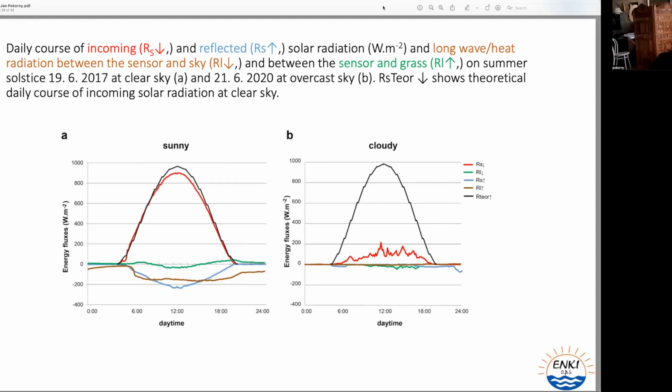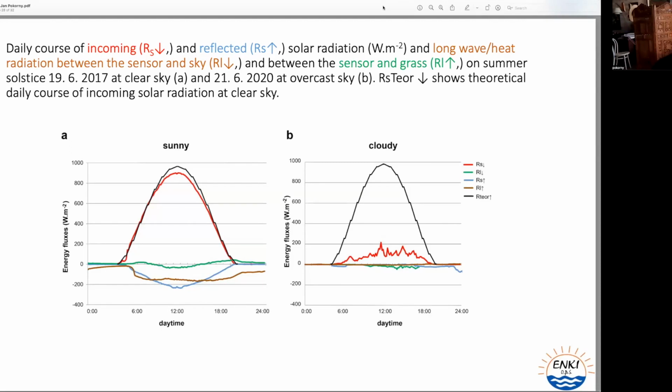And on the vertical axis, there is an energy flux in watt per square meter. On horizontal, there is a daytime. The black one shows theoretical amount of energy which would come from the sun under clear sky. You see on sunny day, the red one is the incoming solar energy. On cloudy day, we see that we have 10 times less. It's red on the right-hand side.